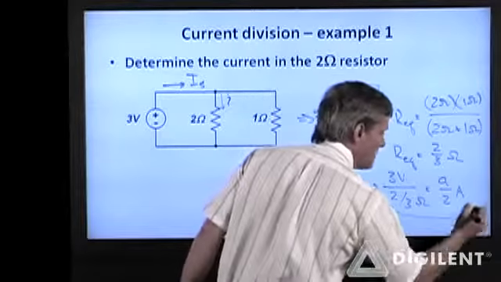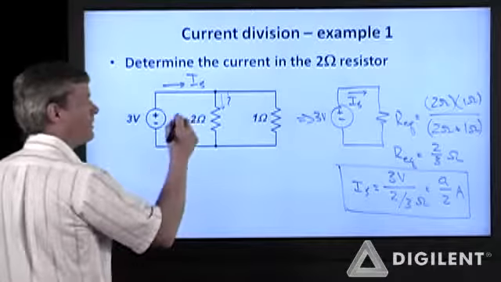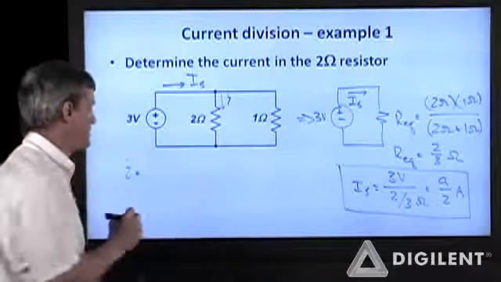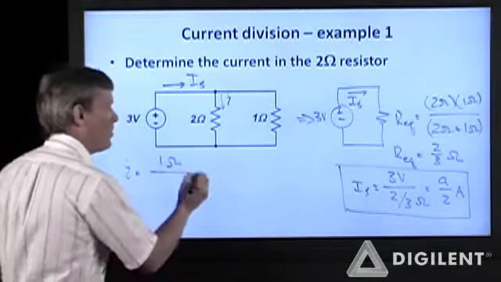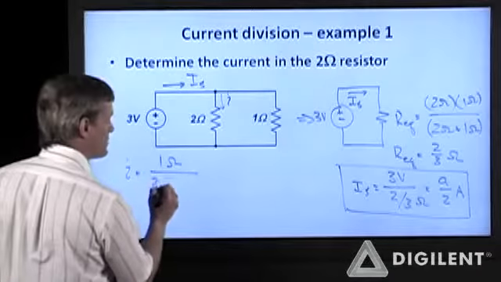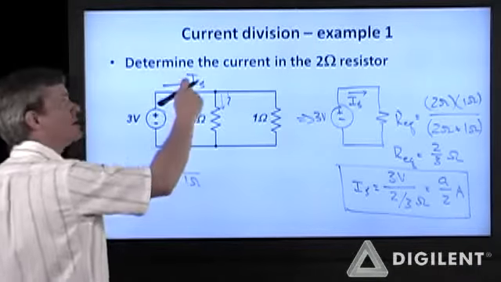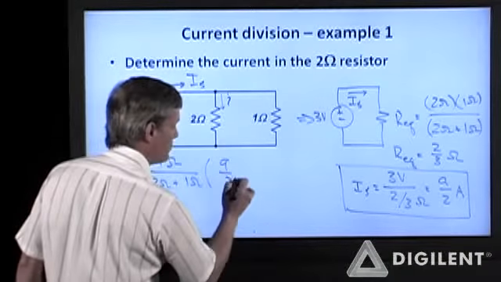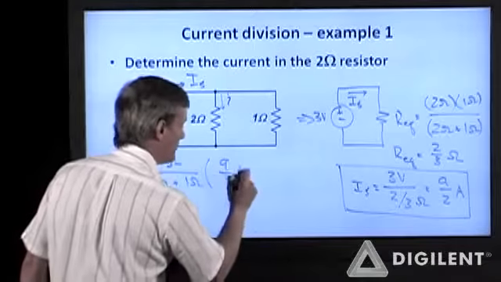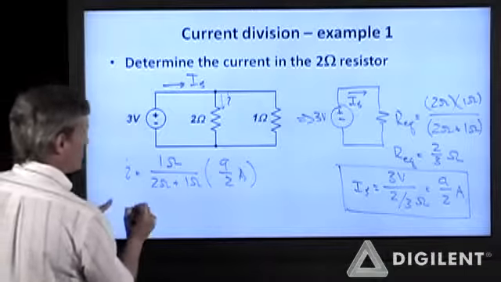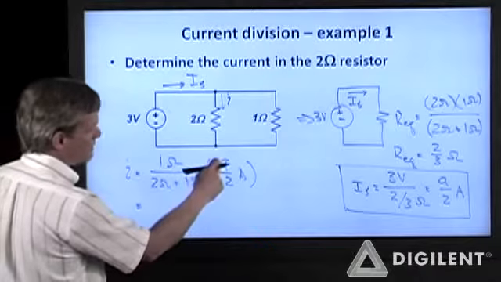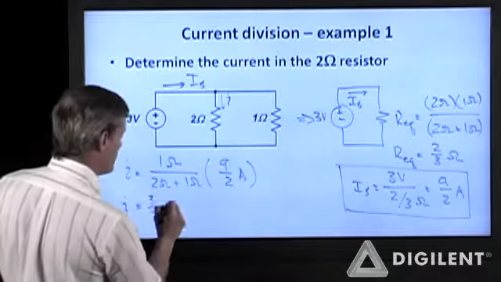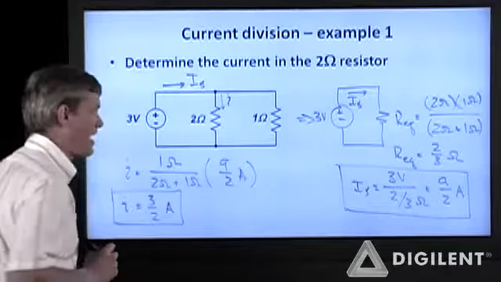Now that I have I sub S, from my current divider formula, I is the other resistance, 1 ohm, over the sum of the two resistances, 2 ohms plus 1 ohm, times the total current going into this resistor, 9 over 2 amps. So this becomes 1 over 3 times 9 over 2, so that I is 3 over 2 amps, or 1.5 amps.